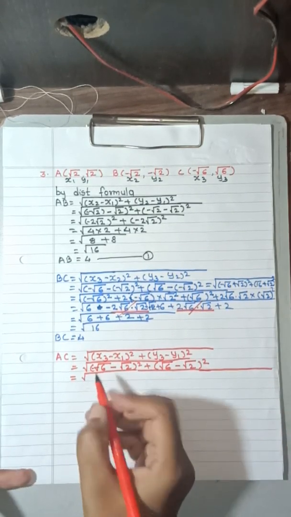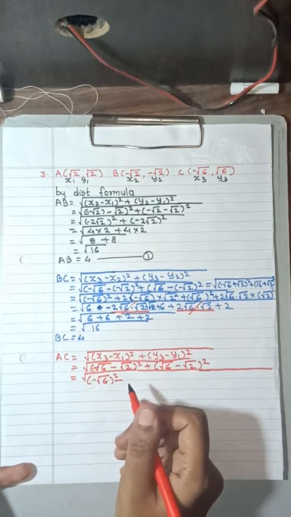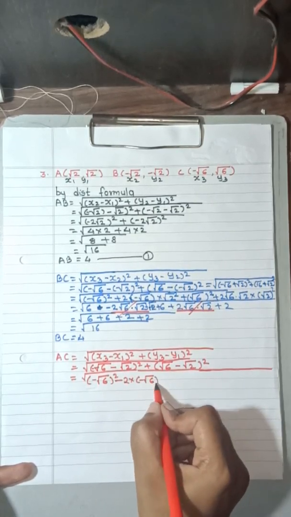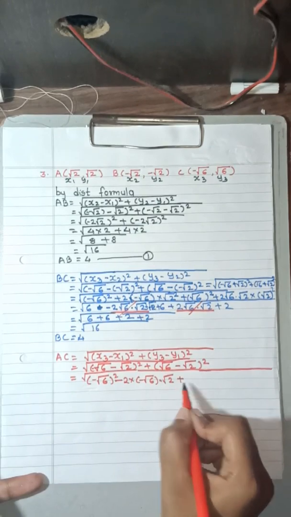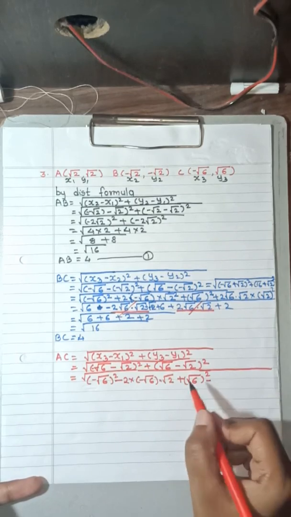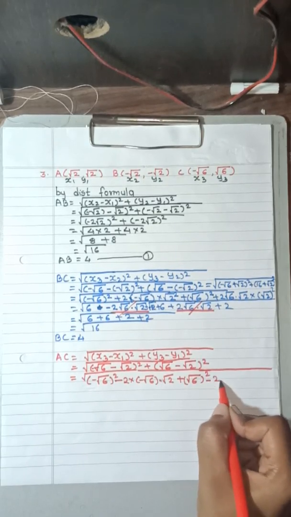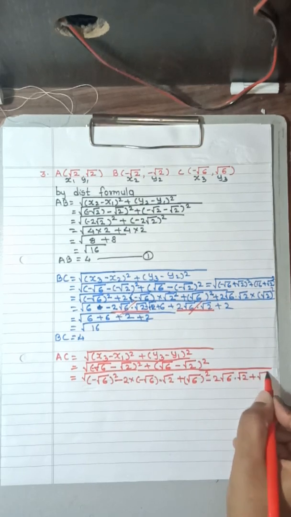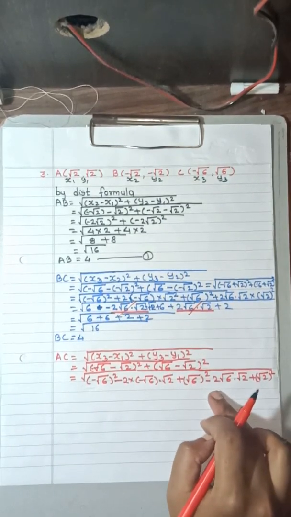So this will be minus 6 root 6 square minus 2 into minus root 6 into root 2, minus 6 into root 2 plus root 6 square minus 2 into root 6 into root 2 plus root 2 bracket square. Okay, I hope it is clear till here now to all.